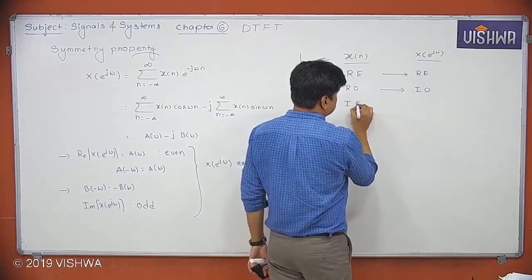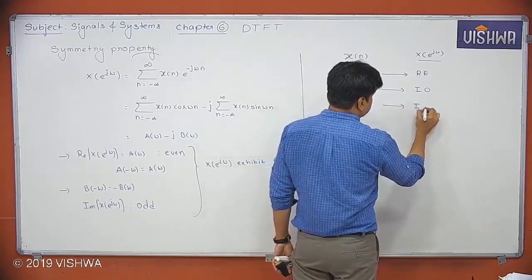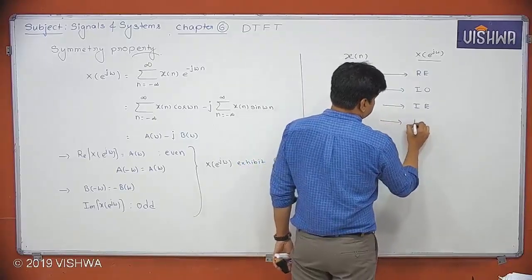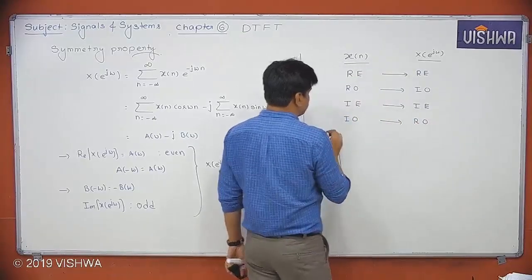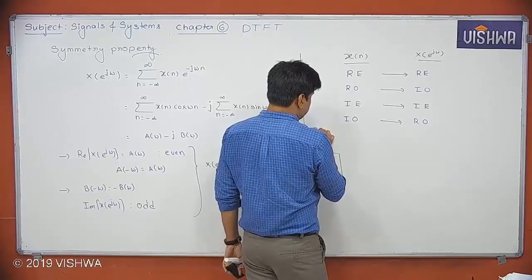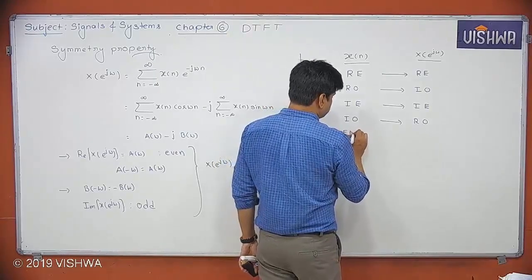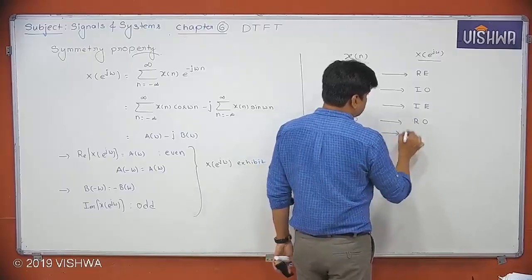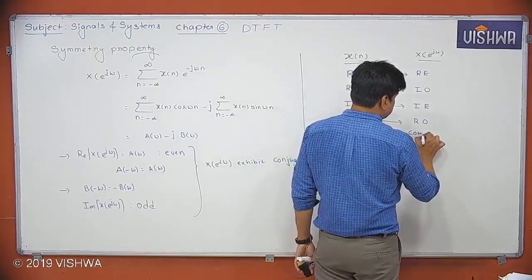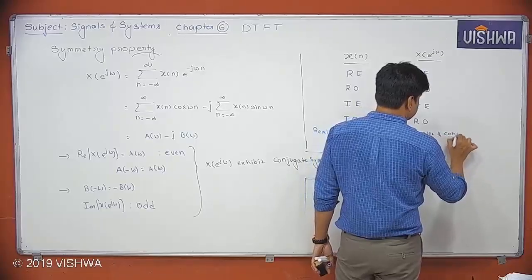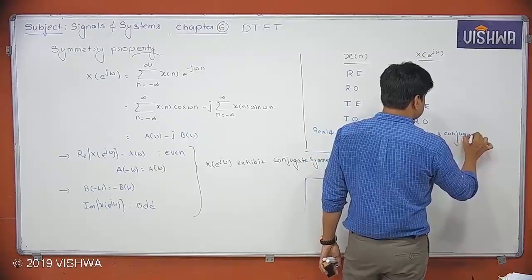Imaginary even is imaginary even. Imaginary odd is real odd. If it is real and neither even nor odd, then we have a complex spectrum that exhibits conjugate symmetry.